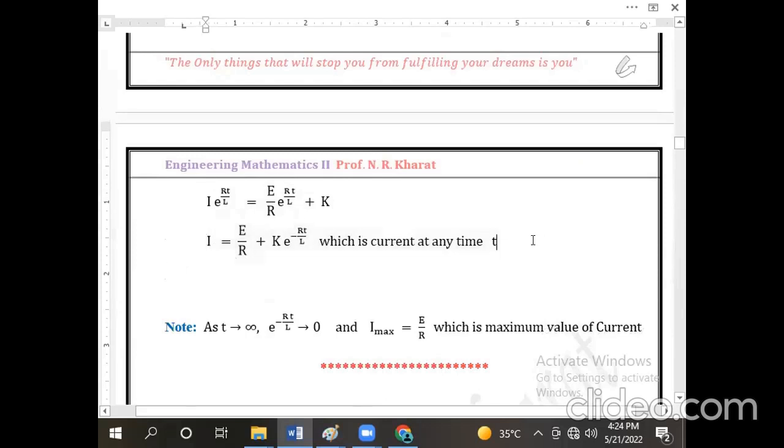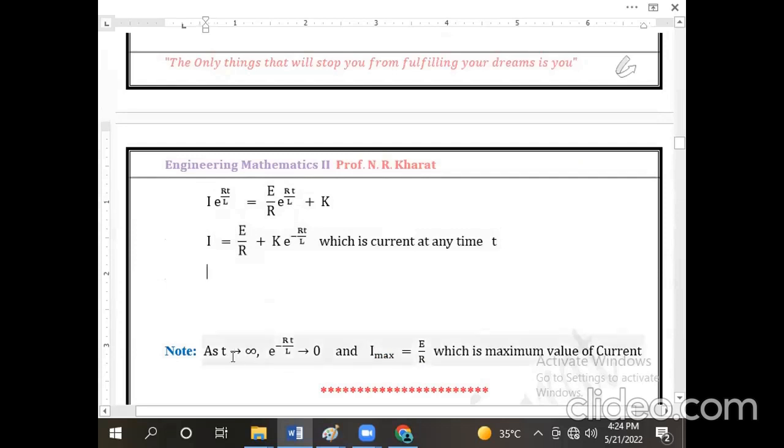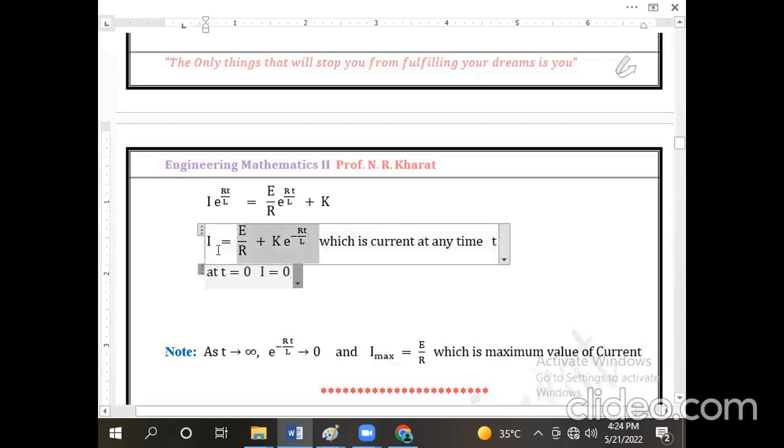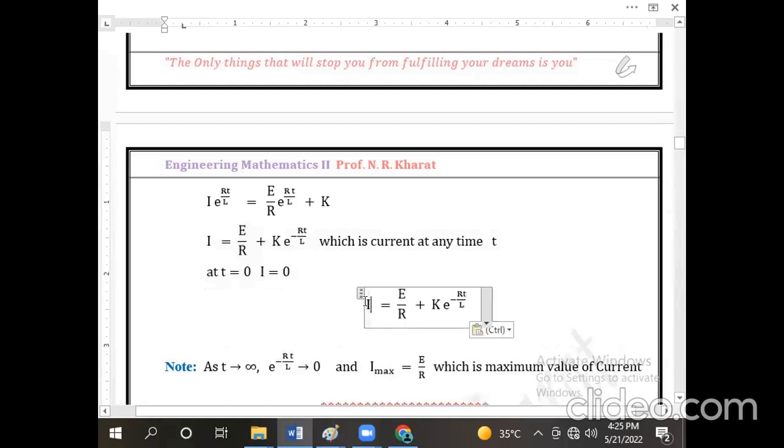So we say that at t equal to 0, I equal to 0. Then this solution becomes, replacing the value of your current and value of your t as 0, it becomes 0, and e raised to 0 is equal to 1.